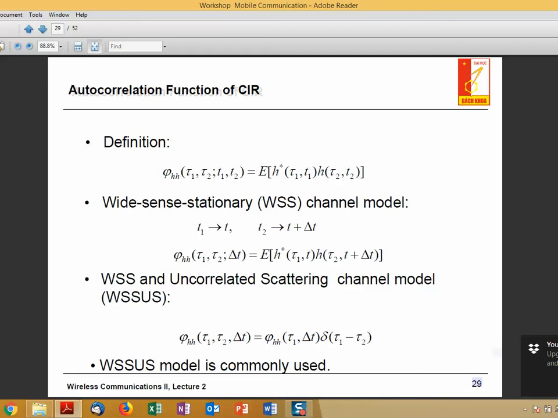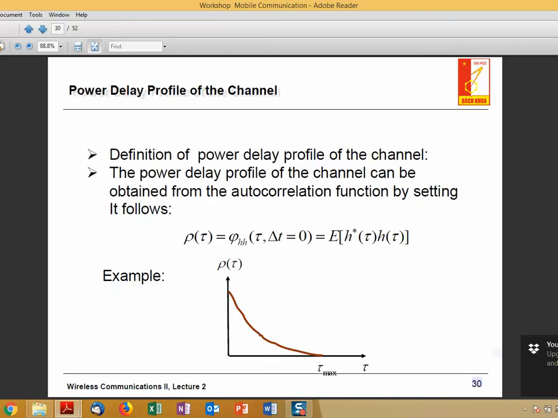Then we get the result: the correlation function of the channel for one time delay and for the observation delta equal to 0 is equal to the expectation of the channel impulse response, and its result is rho tau.